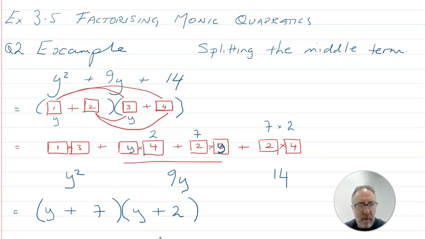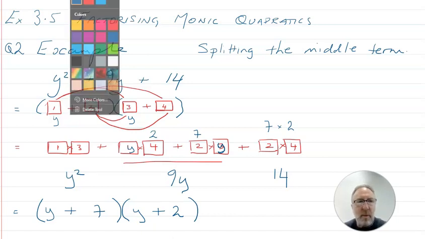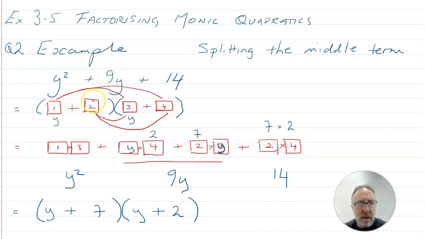The other thing we need to do with these, and when they get more complex you will have to check this, is just undo them and make sure that it does actually work.